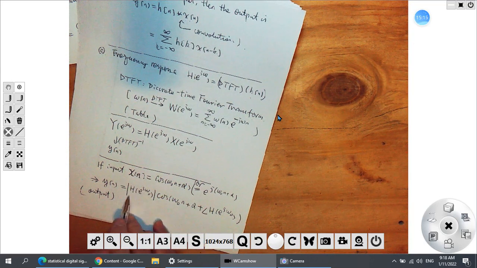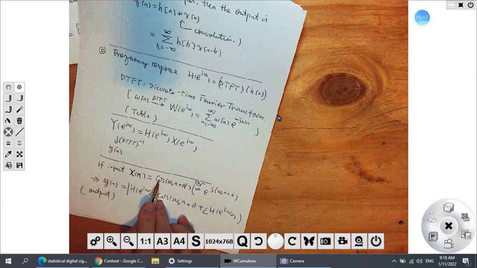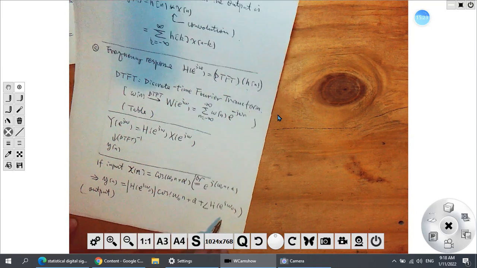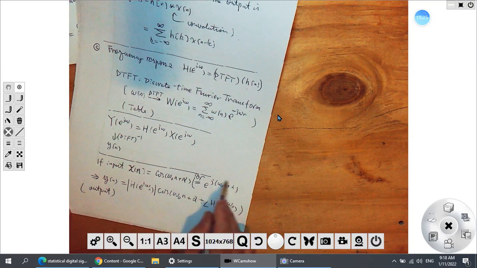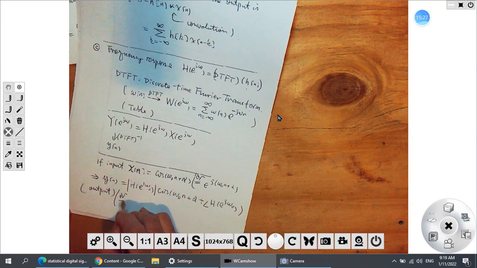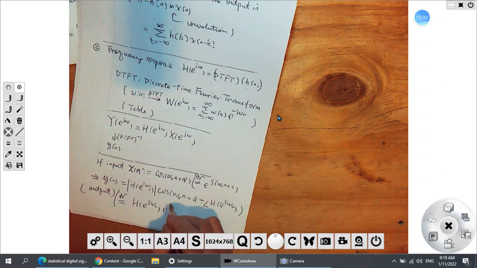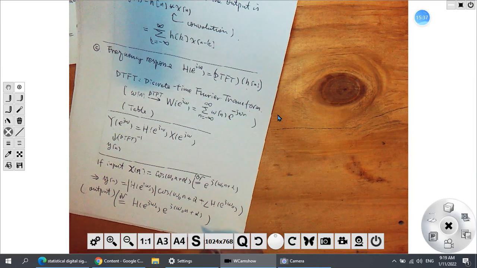This is y of n if cosine of omega naught n plus alpha is the input. And if the input is the complex exponential, the output will be h of e to the j omega naught times e to the j omega naught n plus alpha. That's it. So this is for the frequency response.